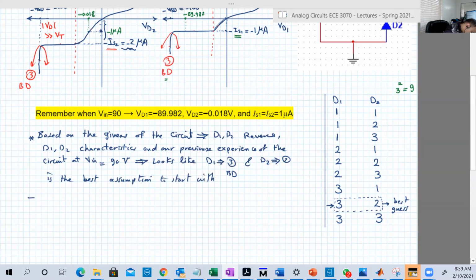Okay, so assume, again, we are not sure, we must solve and compare our results with our givens, our main facts about this circuit. Assume D1 in breakdown, which is region 3, and D2 is region 2.